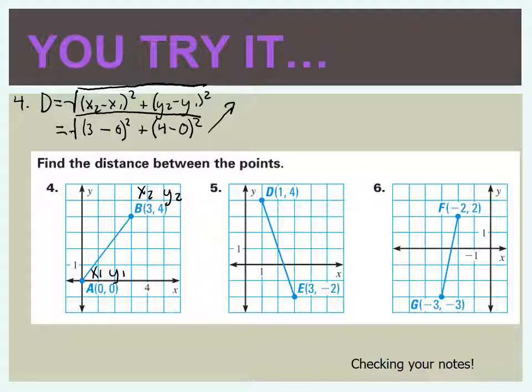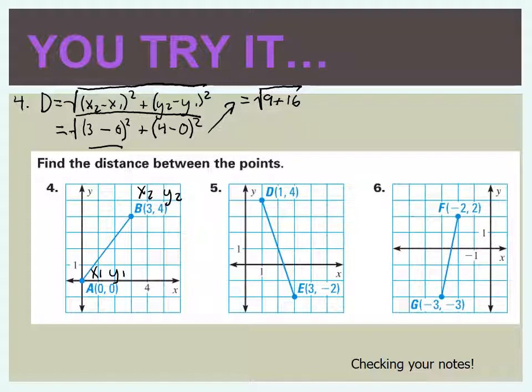I'm going to go up here and finish this out. In this first piece, 3 minus nothing is 3. Squared, I get 9, plus 4 minus 0 is 4. Squared, 4 squared is 16.